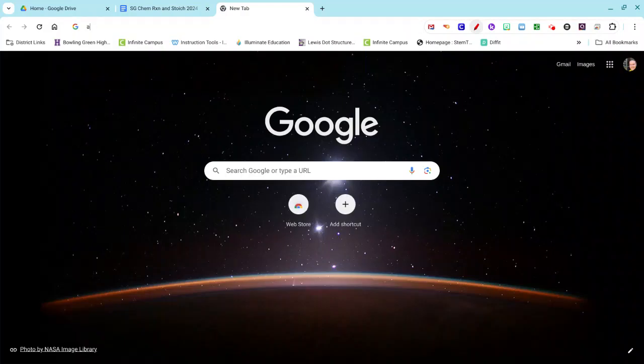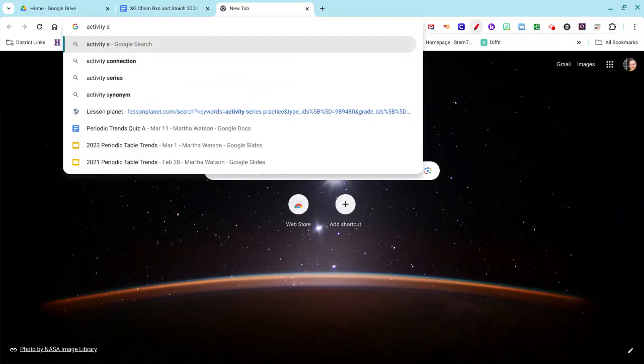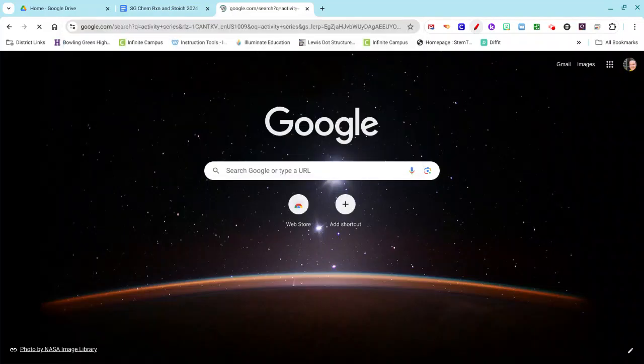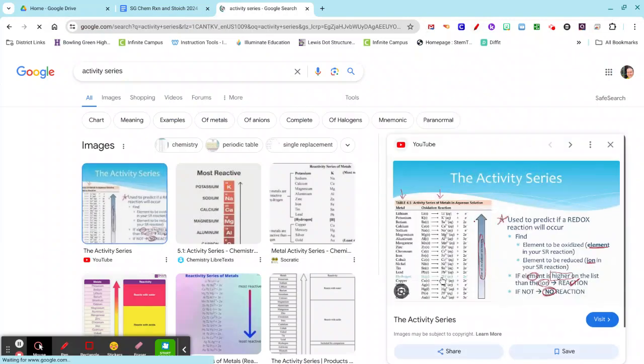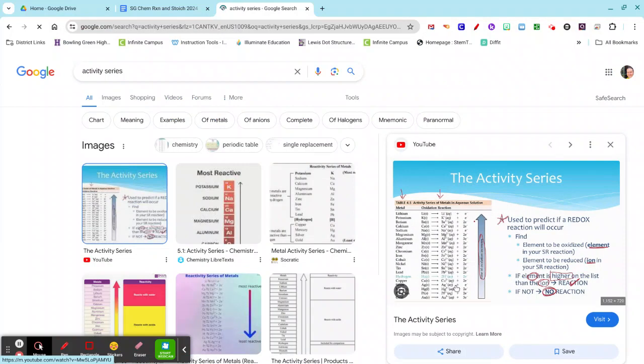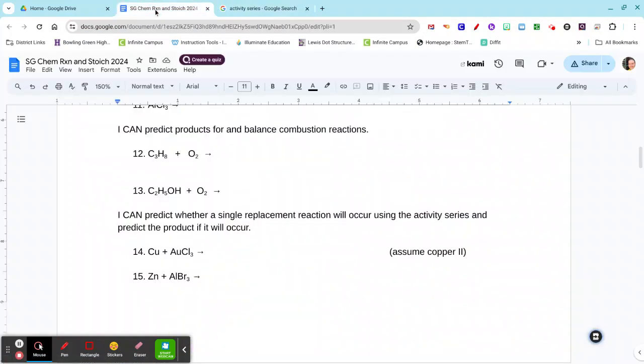So I'm going to go to activity series. There's a bunch of different ones. They're pretty similar. They're not all exactly the same. So I needed zinc to be above aluminum, it looks like.